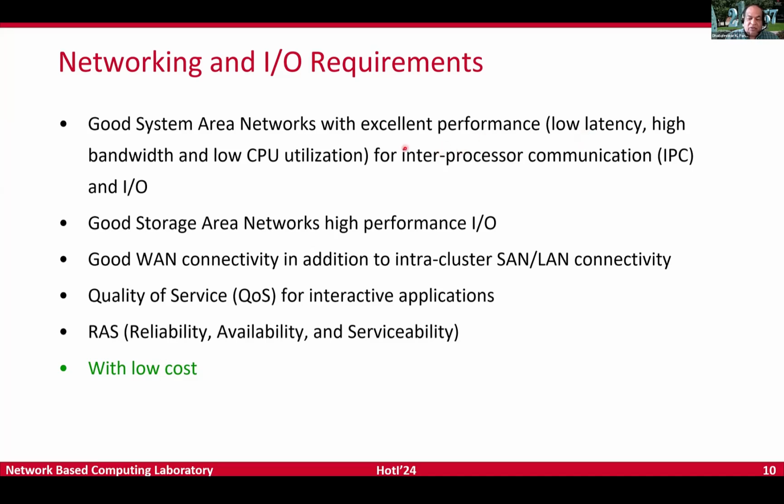Now, in addition to these two parameters, another parameter that has become very important over the years is CPU utilization. And this CPU utilization is not for the application, but for protocol processing. Okay. So if you have a network, we have some protocols. The question is, how much time does it take for the protocol processing? If I have two networking technologies that deliver similar latency and bandwidth, but one has a lower CPU utilization, that means that is better.